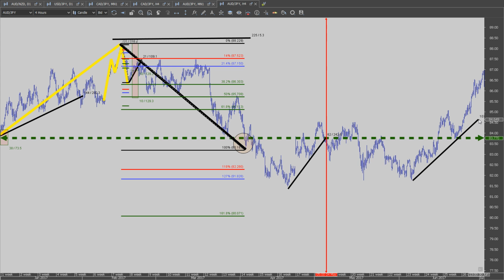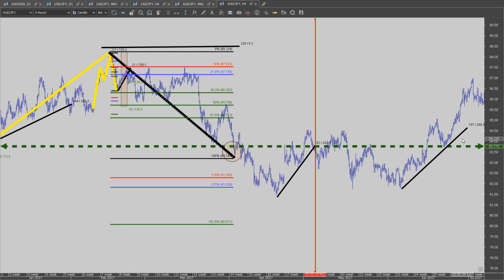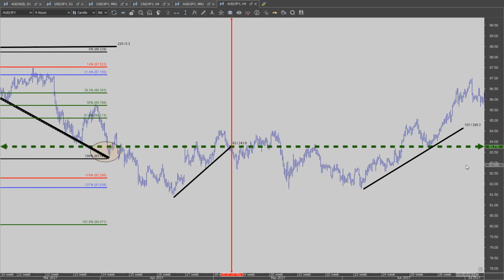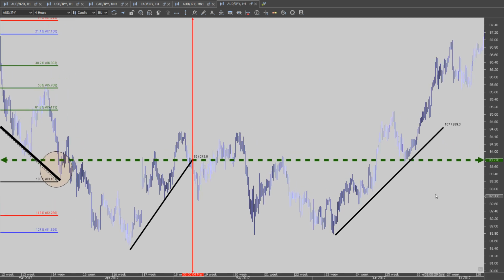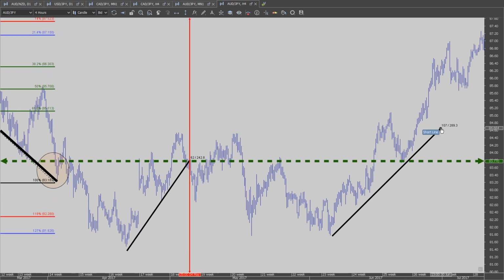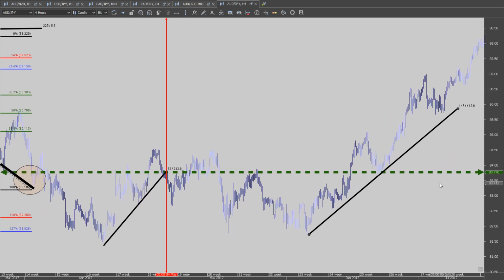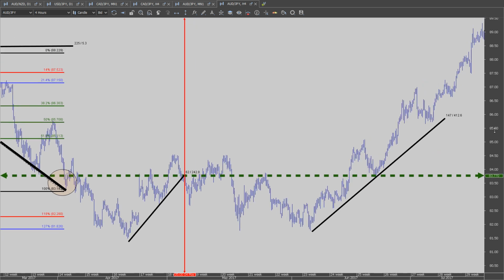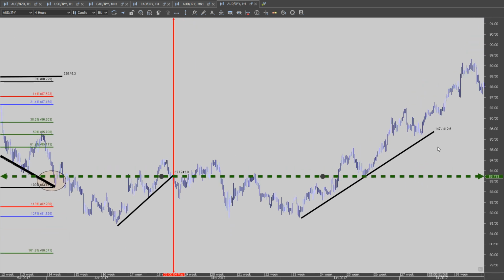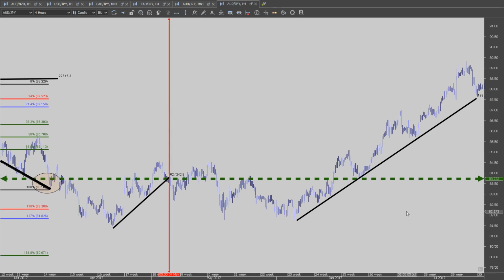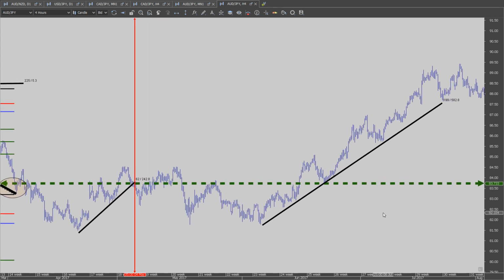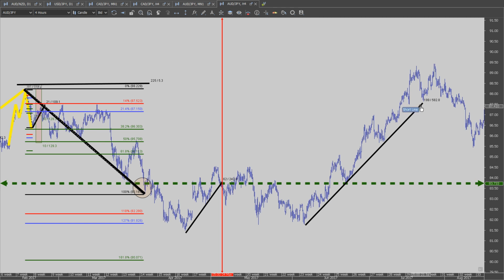You know, the market's moving up, and let's compress the chart. Higher highs, still higher highs. Okay, still making higher highs until here, hopefully. Okay, let me compress the chart.